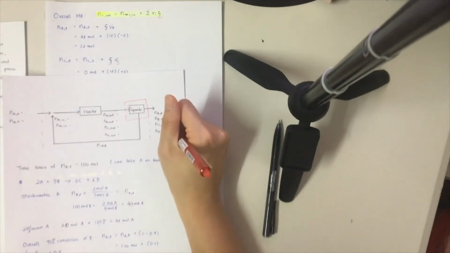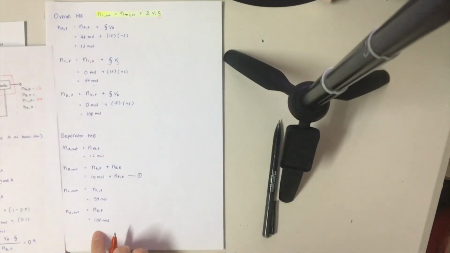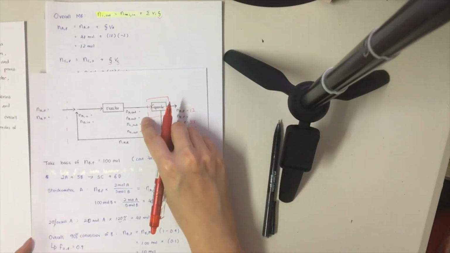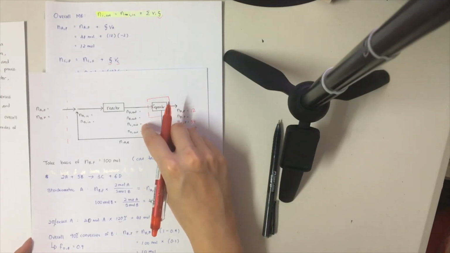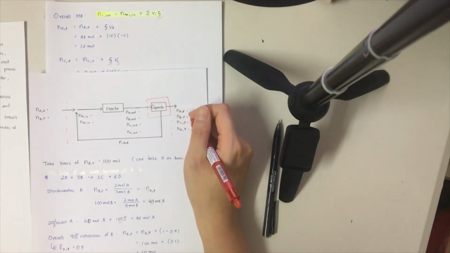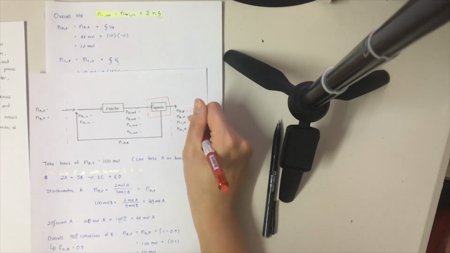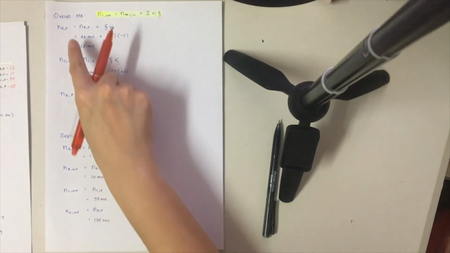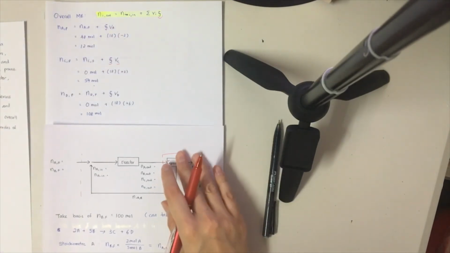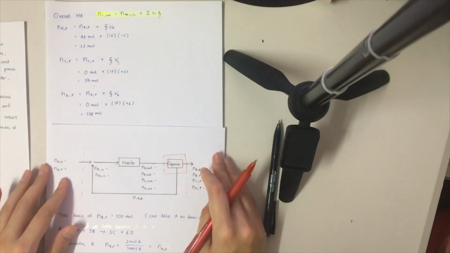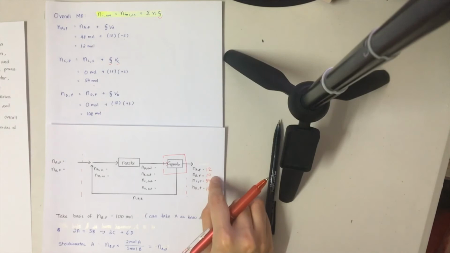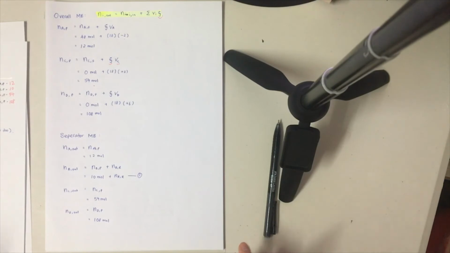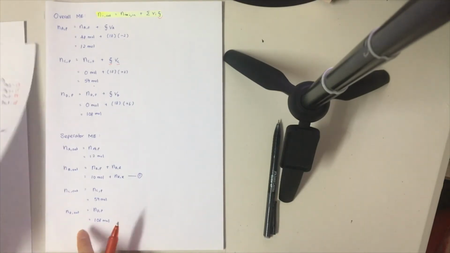Write everything down. We have 12 already, we know 12. We have 54. This one is 108. We have NBP is 10. And we have NAP is 12. NCP is 54, NDP is 108, which is also the same for NA out.